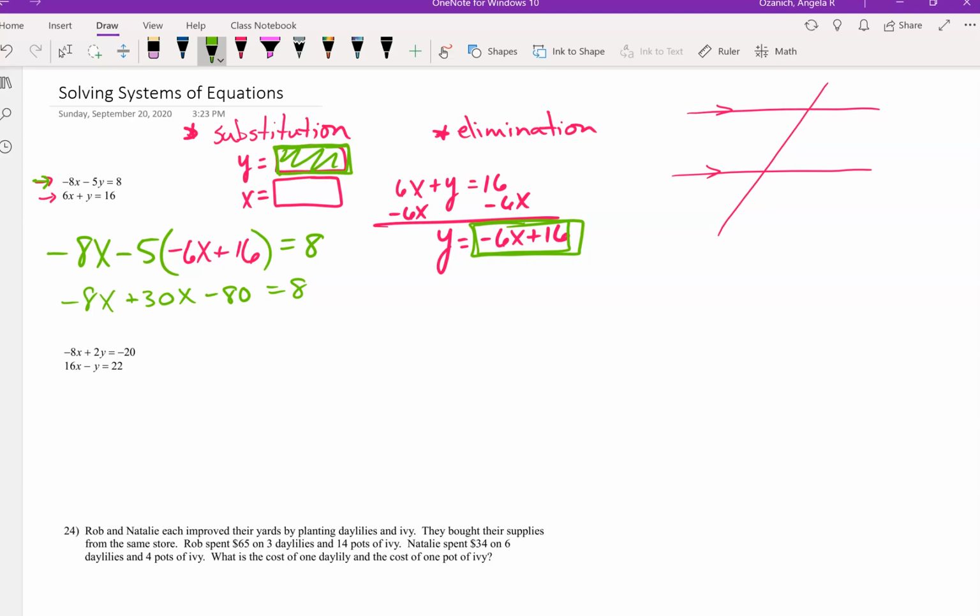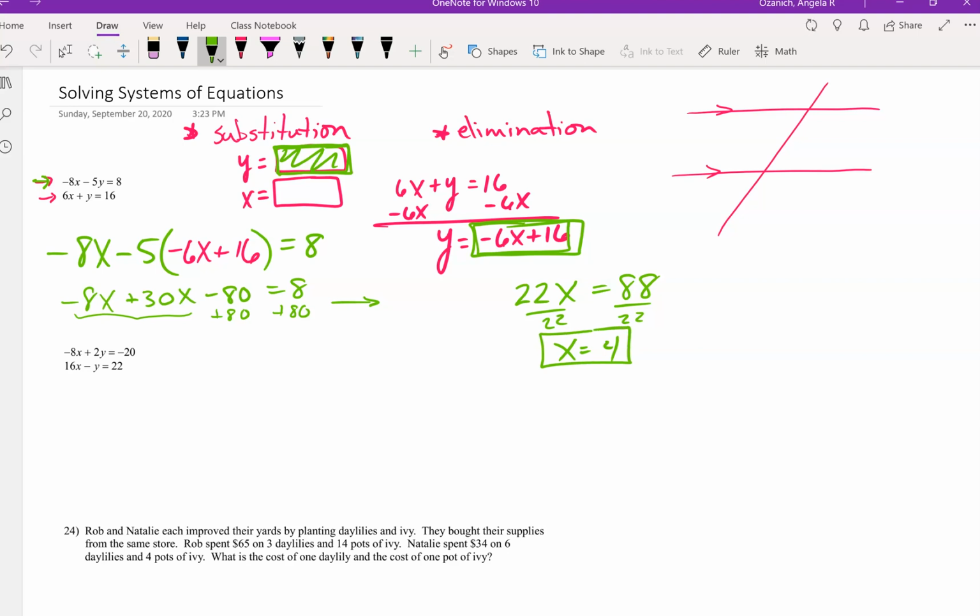It looks like we're going to have 22 and 88 after we add 80 to both sides. So let's add 80. We're going to combine like terms between the negative 8x and the 30x. So we get 22x is equal to 88. And after you divide by 22, then we get x is equal to 4.